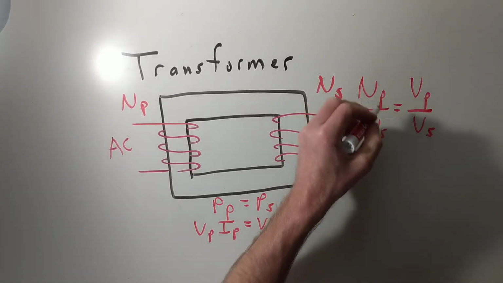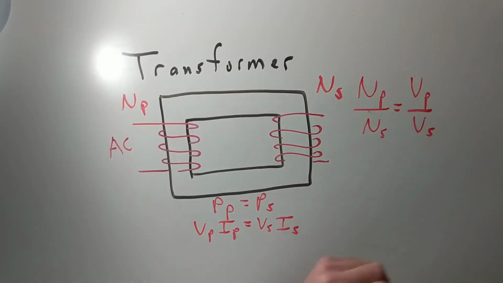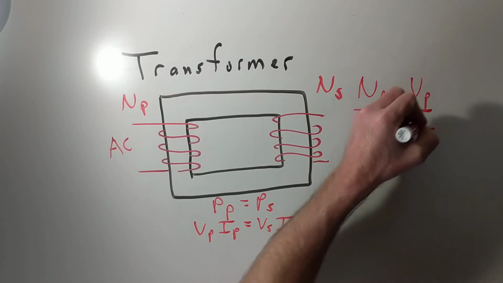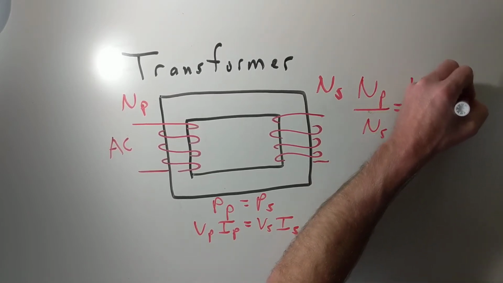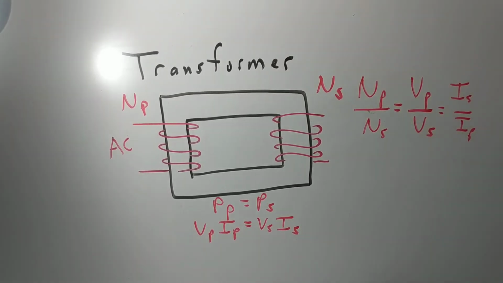So we see here that although you have the voltage going up with the number of turns, the current goes down in that same proportion. So this becomes I_S over I_P. So when the voltage goes up, the current has to go down by the exact same amount that happens with the voltage going up at the same proportion.